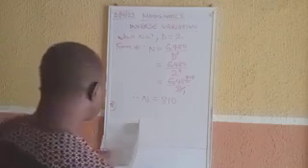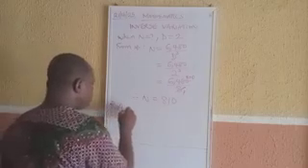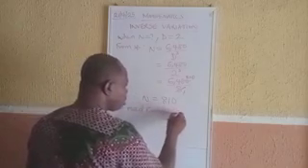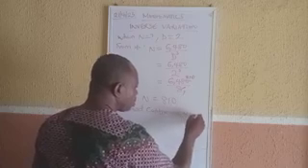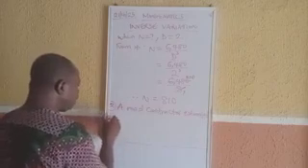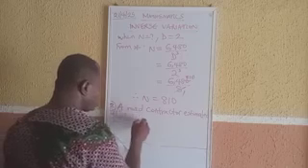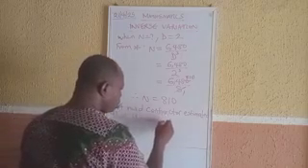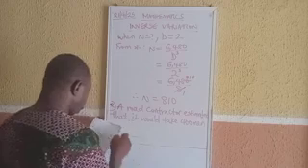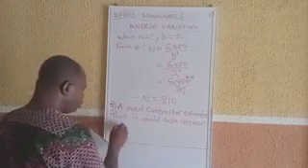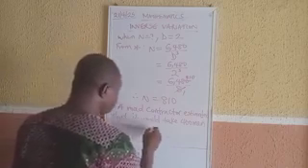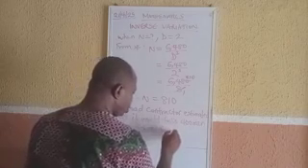A road contractor estimated that it will take 400 men 27 months to build a motorway.